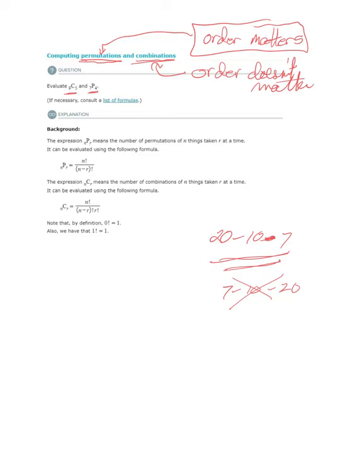That'll make more sense as we move on and look at some word problems, but you have some formulas here that help you determine the number of combinations or permutations.